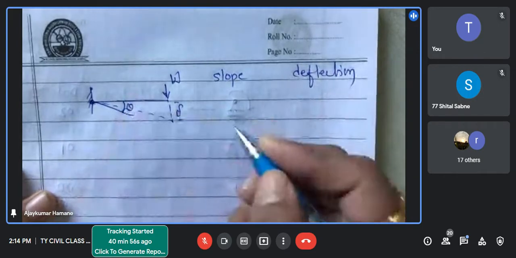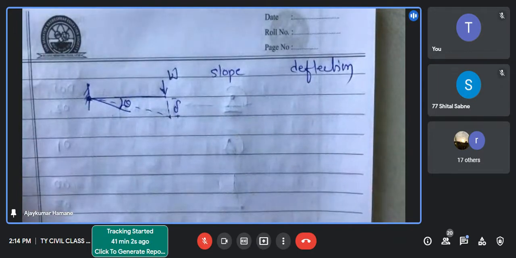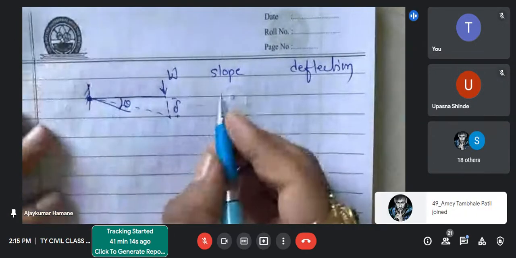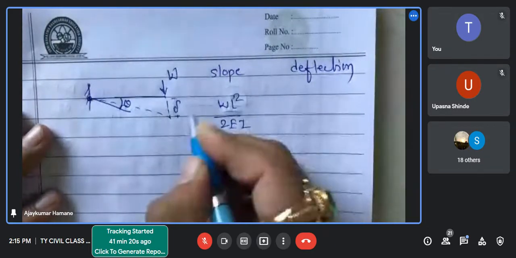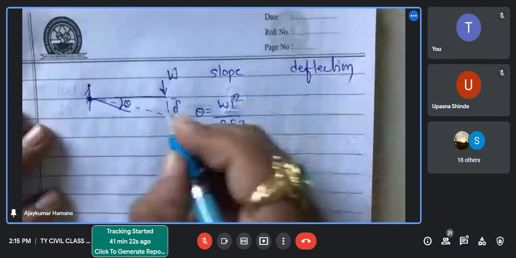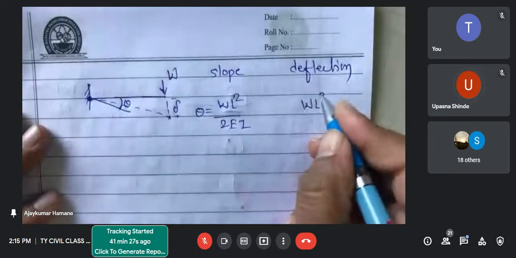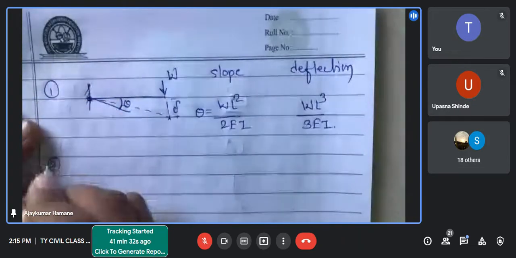What is the slope equal to? W L square upon 2 E I, correct. And what is the deflection at this free end? W L cube upon 3 E I, correct. Good one.